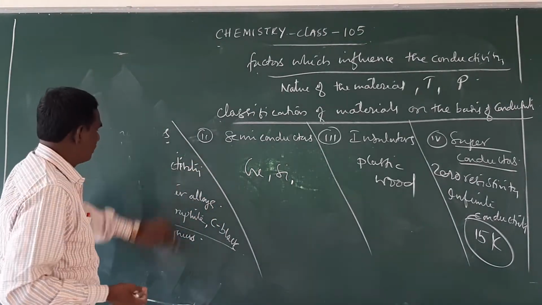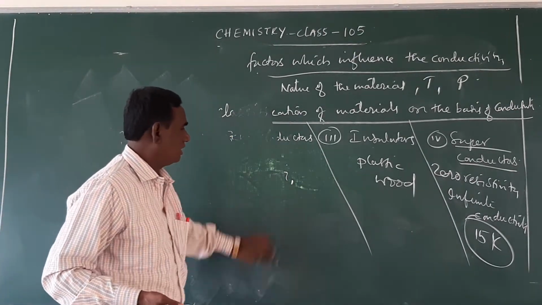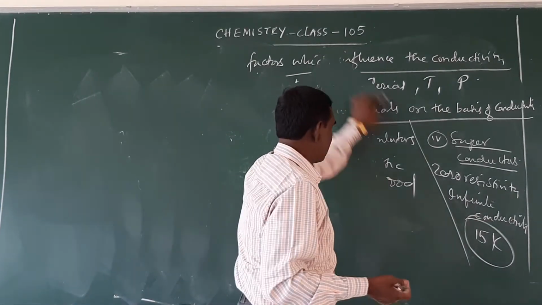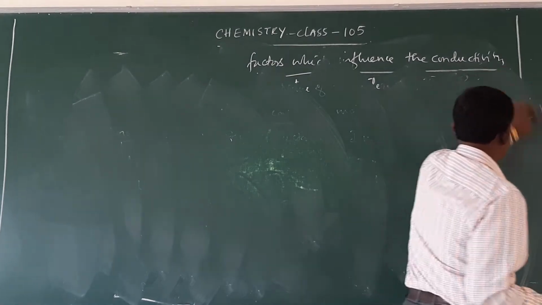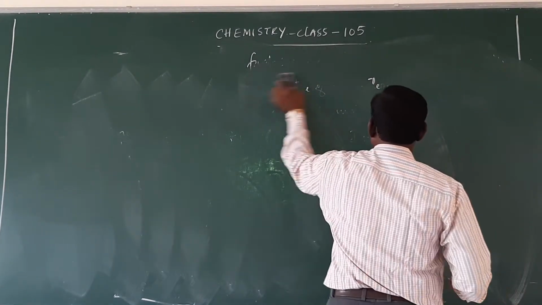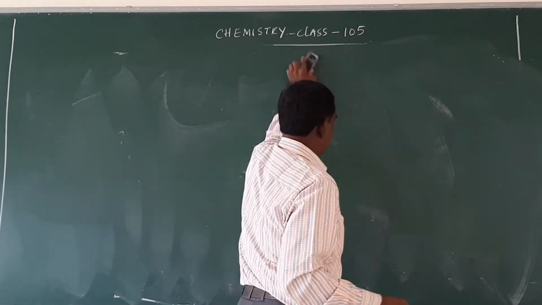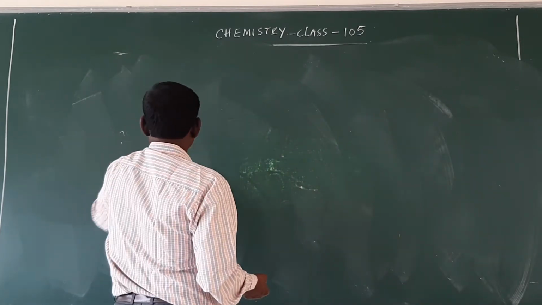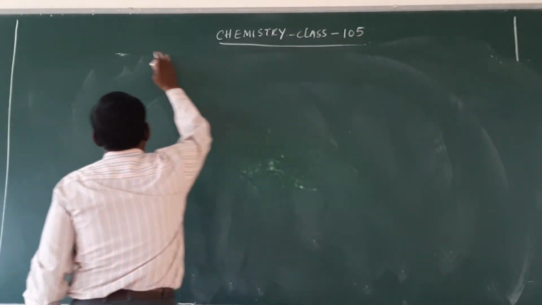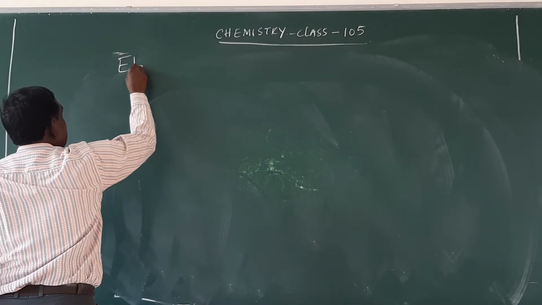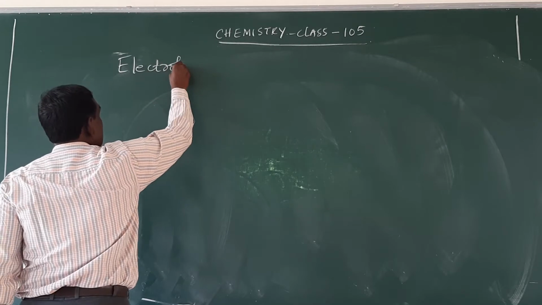We have classified conductivity into two types: electrical conductivity and electrolytic conductivity. Now let me take one by one. First one is, what is meant by electrolytic conductivity?